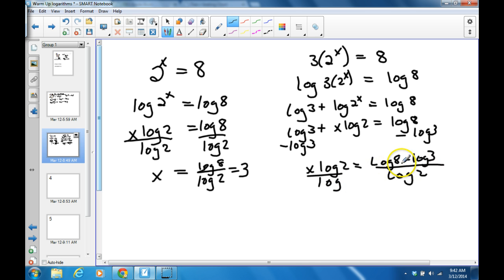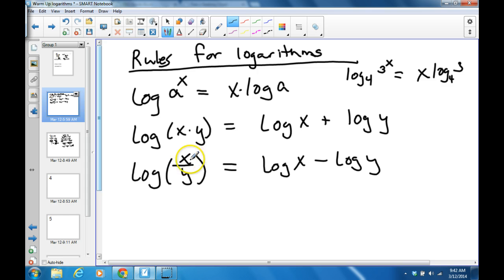No. You actually, because that's not the same as log 5. Remember, if I'm actually looking at the minus, this log 8 minus log 3 is actually log of 8 divided by 3. If you use that rule that I gave you before, log of 8 divided by 3 would be like this, right?